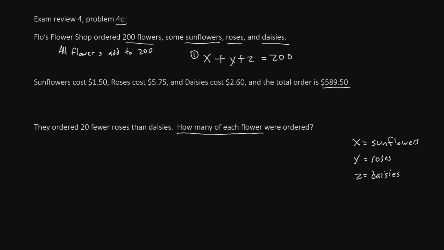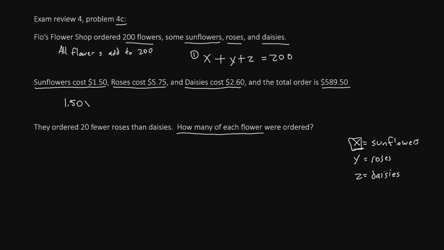Now for our second equation. Sunflowers cost $1.50, roses cost $5.75, daisies cost $2.60, and they tell us the total order. So we can say that the total cost of sunflowers is $1.50 times the amount of sunflowers that we have.